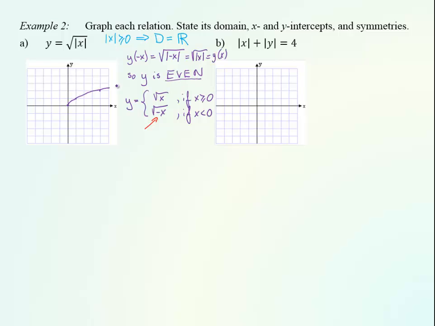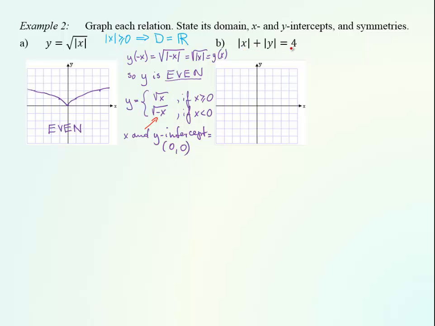So whatever we see to the right, we should see to the left of the y-axis. Exactly symmetrical shape. So we have an even function. And the x and y intercept equals just 0, 0. That's the only point.